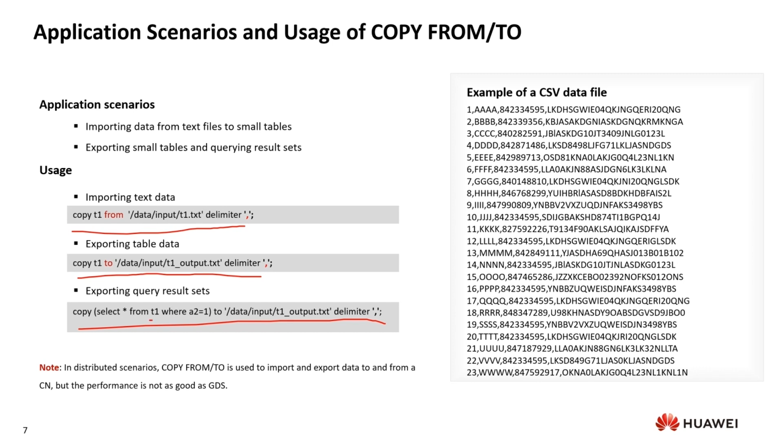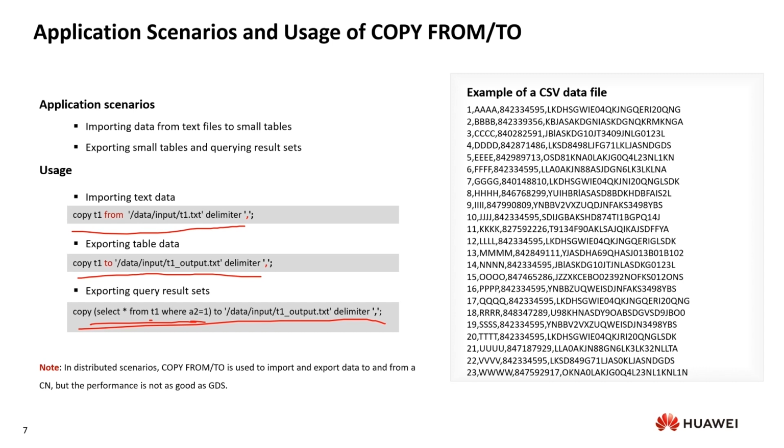For example, to export data that meets the condition a2 equal to 1 from the table t1 to a file, we can run COPY, the query statement, TO the data path. On the right, we can find an example of exported data. The column fields are separated by commas, and the data values are clear.